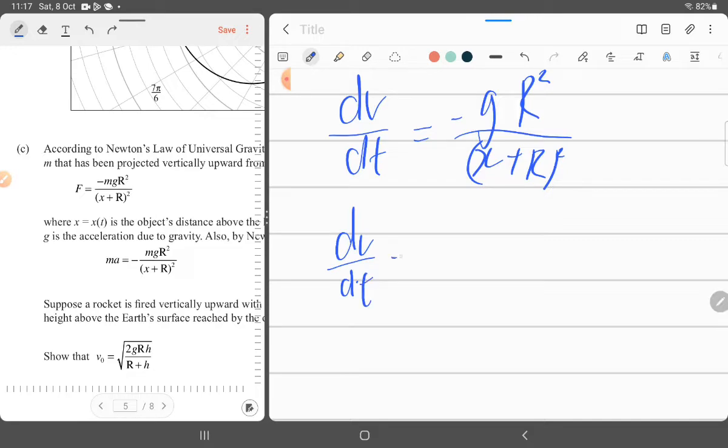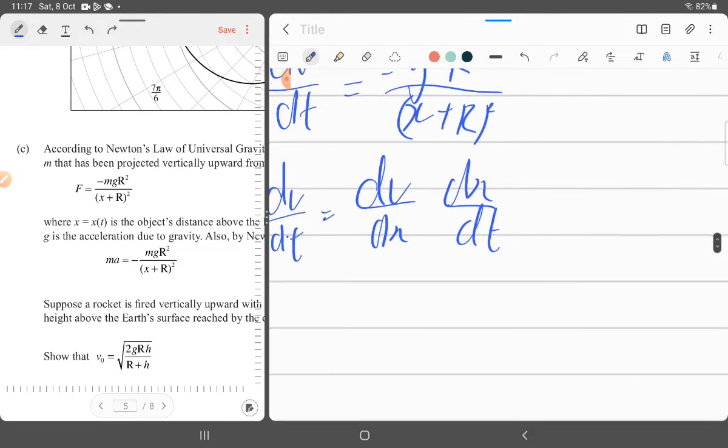dv over dt is equal to dv over dx times dx over dt.